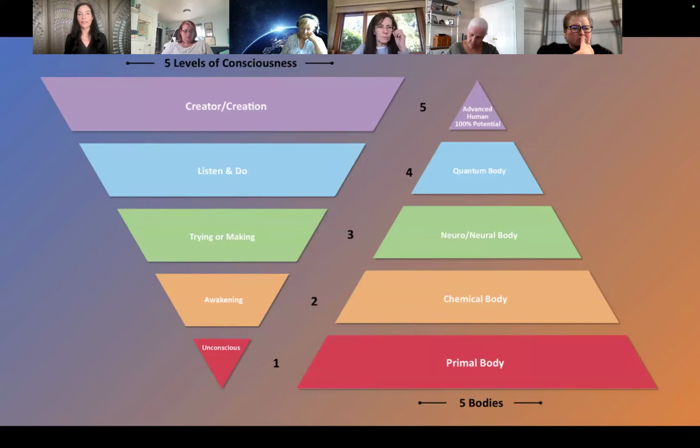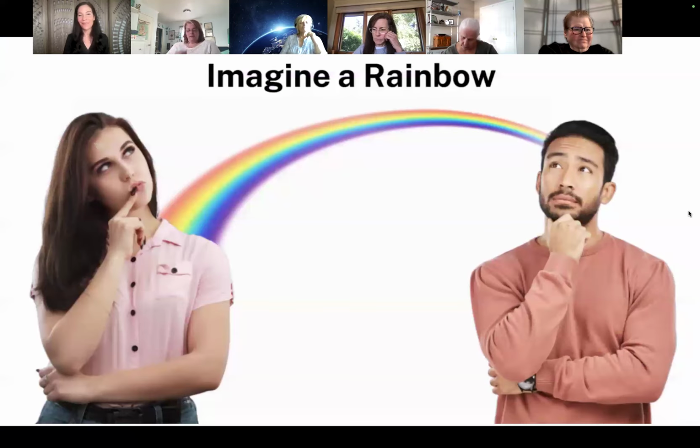And we're going to fluctuate between all of these five stages at different steps of the way as we ascend consciousness. Next to the fifth level of consciousness is the advanced human. This is when all 12 strands of DNA are fully activated and we are 100% human potential. It's where we're all going.